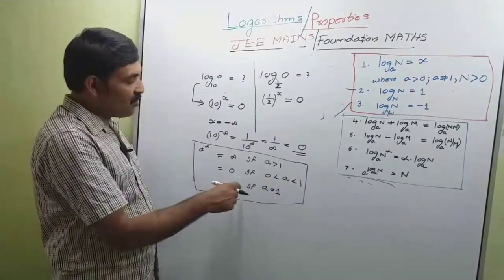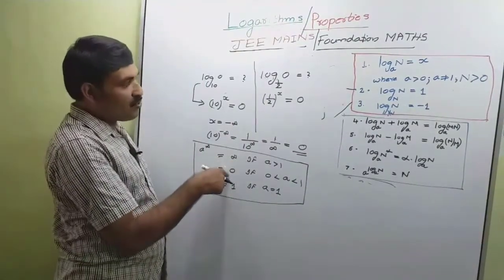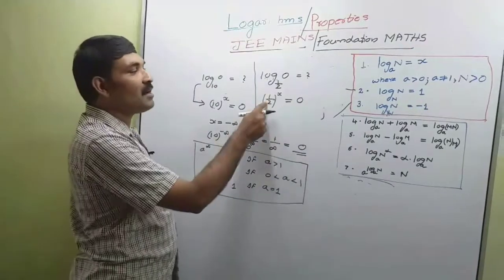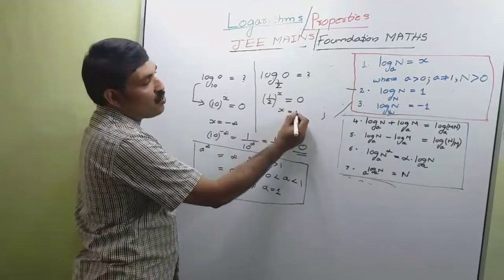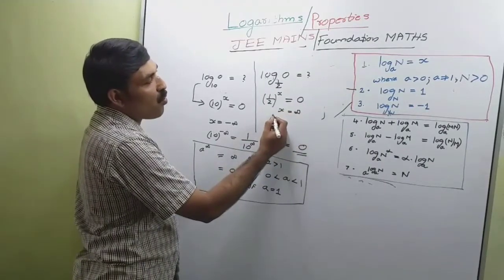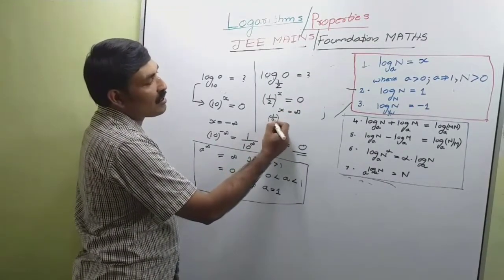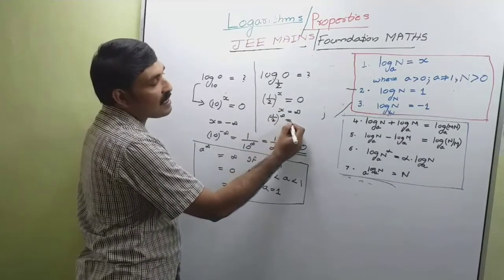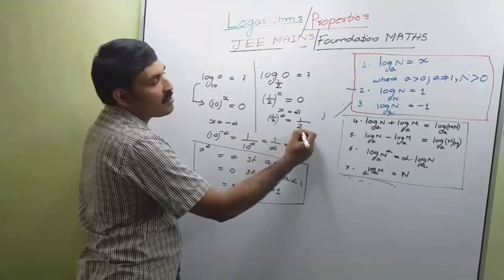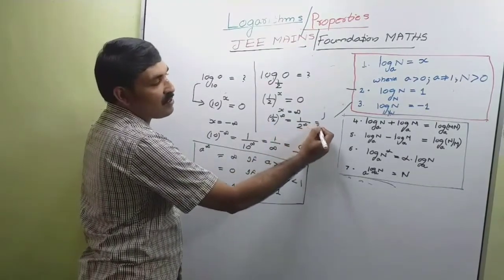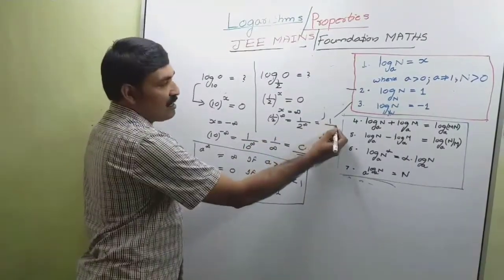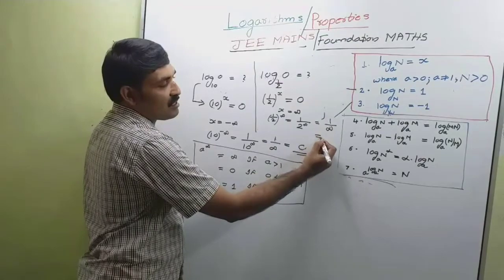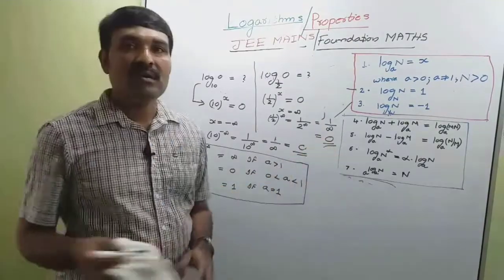So what is the value of x? So as to make (1 by 2) raised to x equal to 0, x is equal to infinity, since (1 by 2) raised to infinity is 1 by 2 raised to infinity, and 2 raised to infinity is infinity. So 1 divided by infinity is equal to 0. We should remember this.